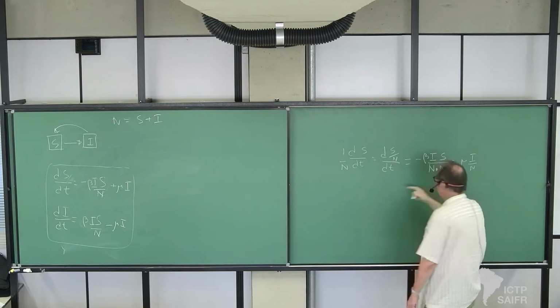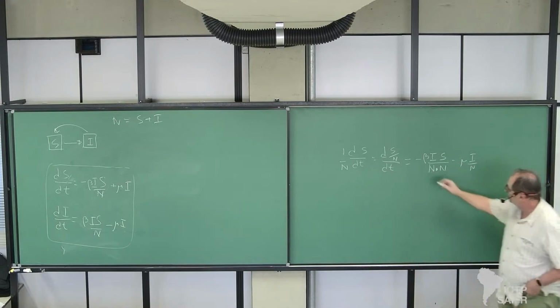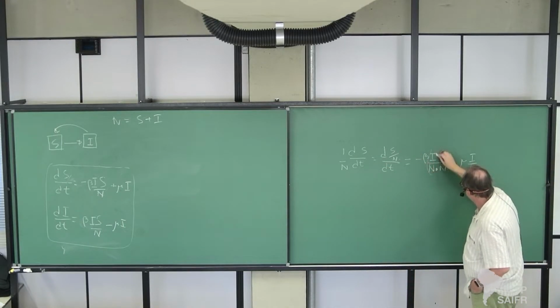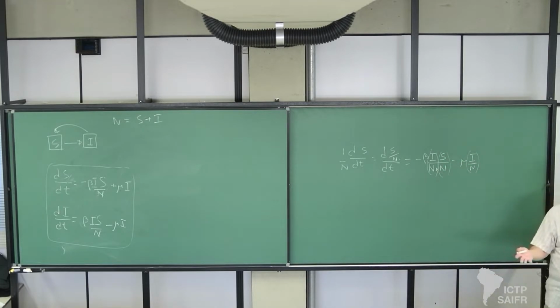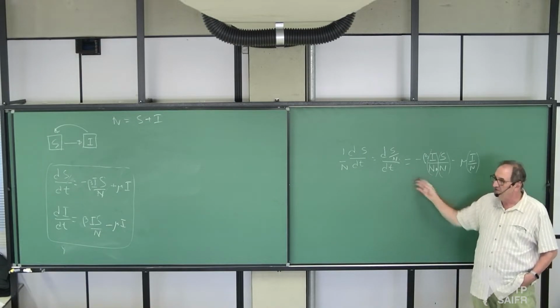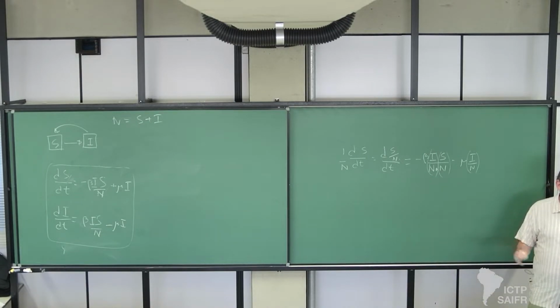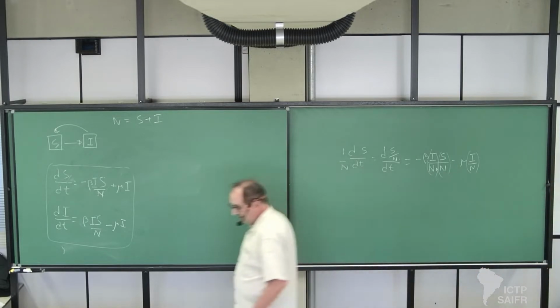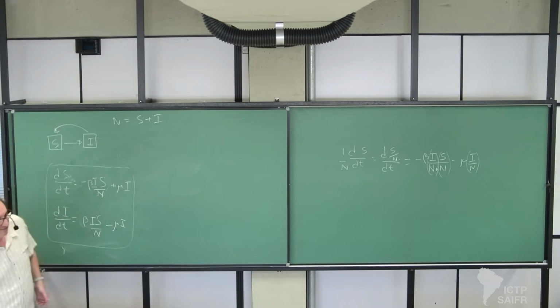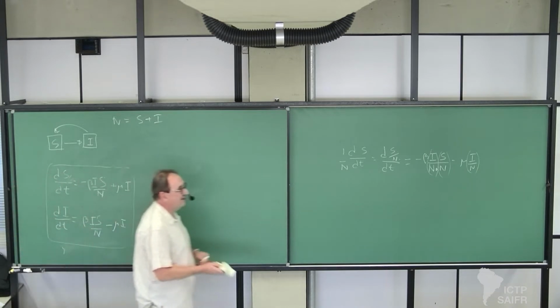So dividing both sides, this is S over n, this is I over n, this is S over n, this is I over n. These are the fractions of infected and susceptibles, and the equation depends only on the fraction. Therefore, the total size of the population is not coming into play. It's frequency dependent, not population size dependent.